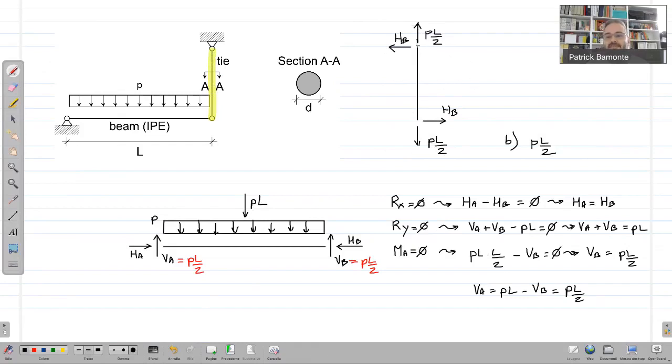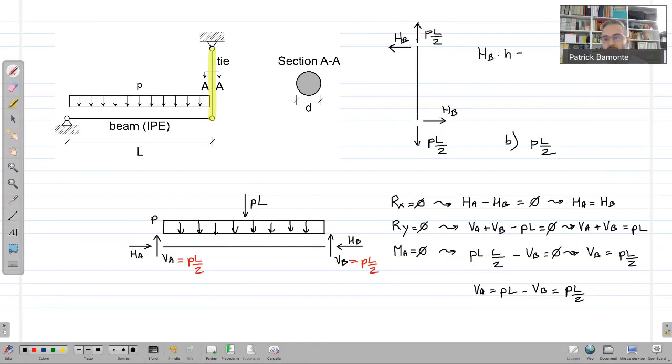But then again, if I write the equilibrium with respect to the point at the top, what is the result? The result is that there are no contribution by this PL divided by 2 force and by this HB force at the top. The only contribution is by HB at the bottom, because also PL divided by 2 gives no contribution. So the rotation equilibrium immediately gives you HB times the length of the tie, whatever it is.